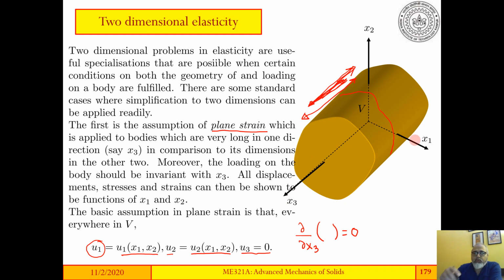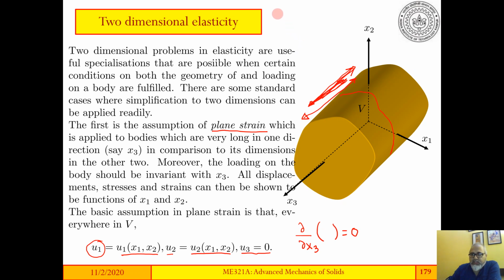Okay, now with these assumptions in place, we can immediately see that a significant amount of simplification happens to the equations governing the problem of linear elasticity.